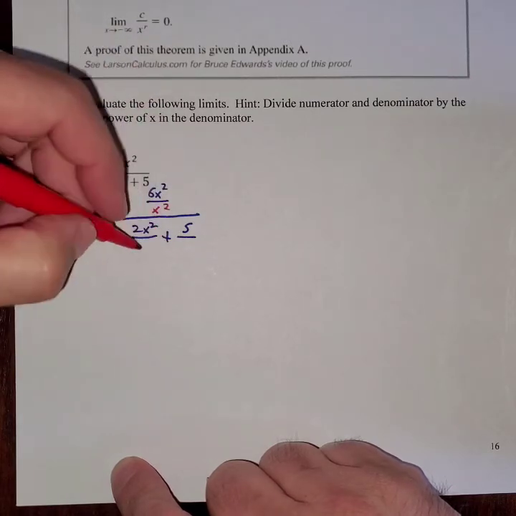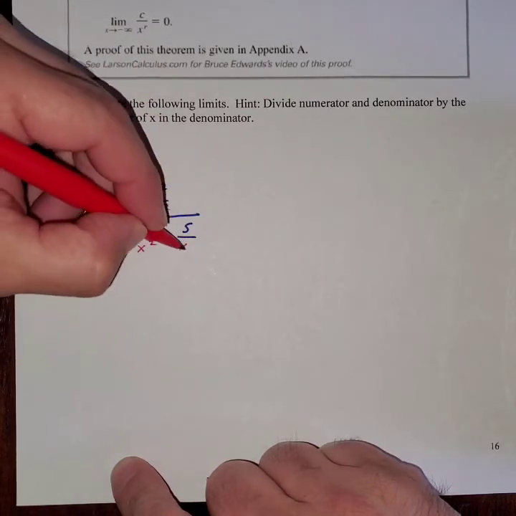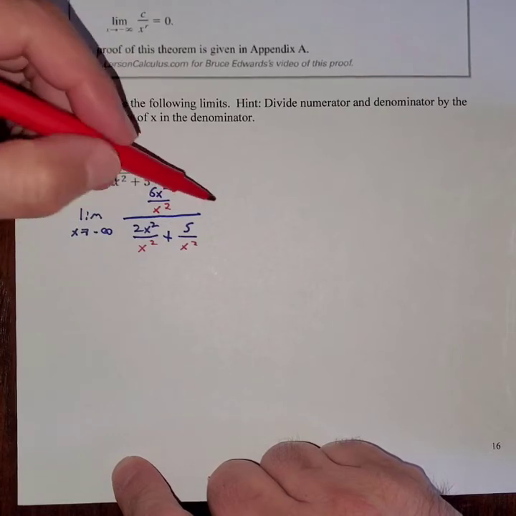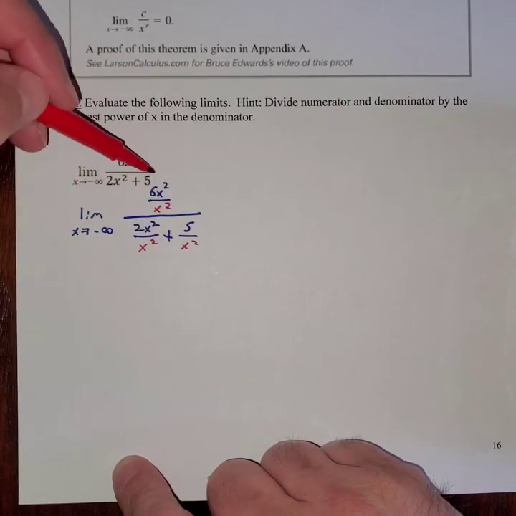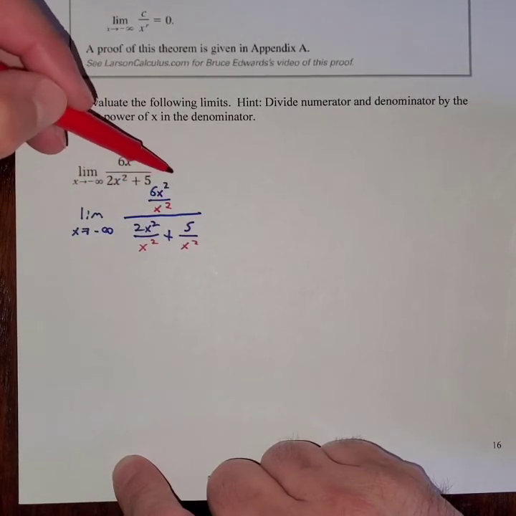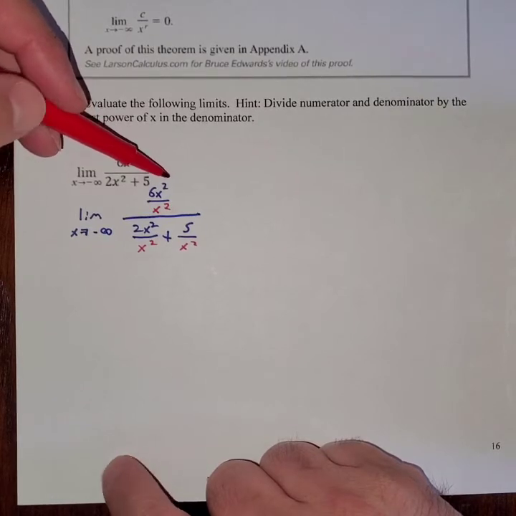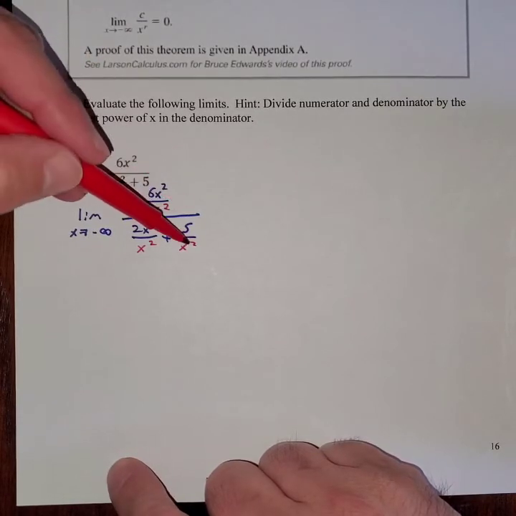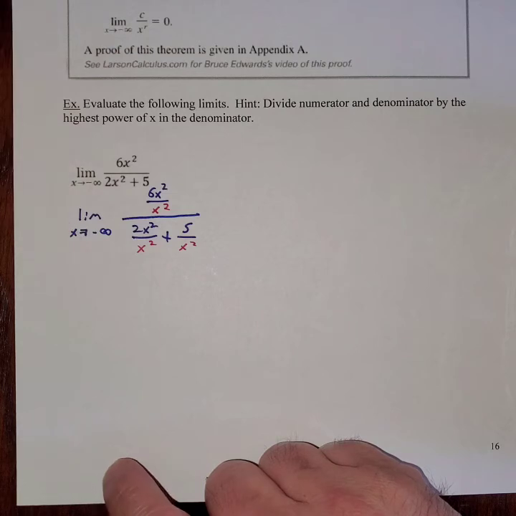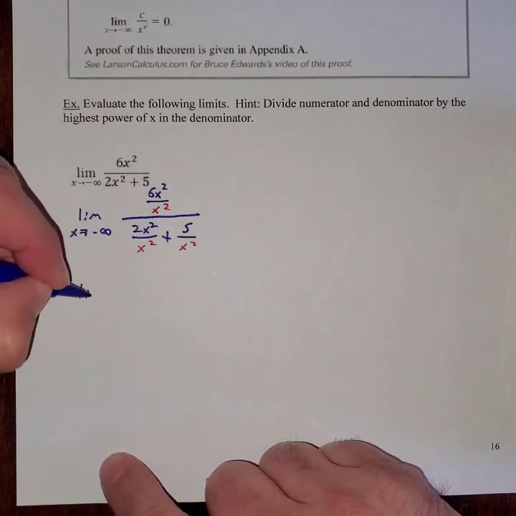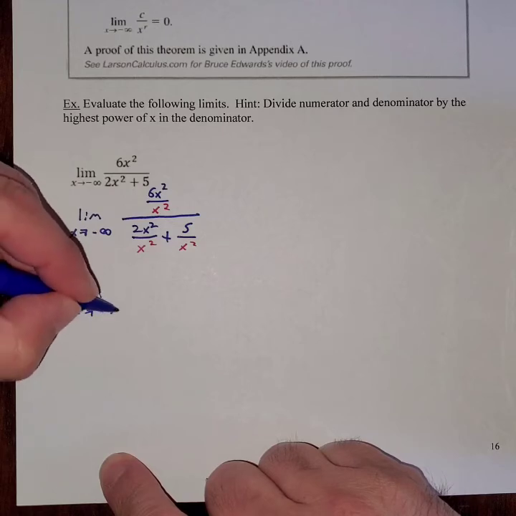By doing it on each term, it's the same thing as if I had done the original problem times x squared divided by x squared, because that's a creative form of 1. So I'm essentially dividing both sides of my fraction by x squared, so it's the same as if I were dividing by 1.